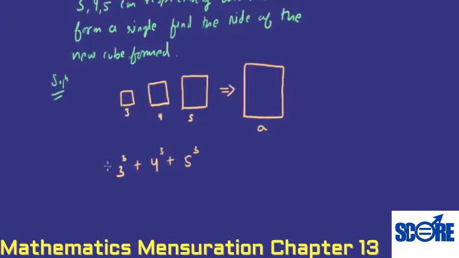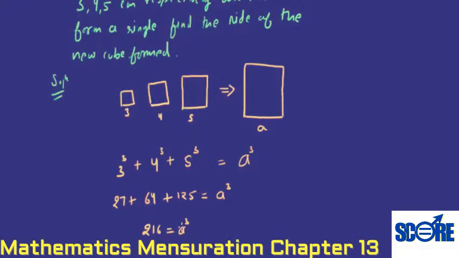Now the volume of all these three cubes is equal to the volume of this big cube, that is A cube. 3 cube, we know that it is 27, 4 cube, that is 64, 5 cube, that is 125. That should be equal to A cube. Now 27 plus 64 plus 125, what are we getting? 216 equals A cube.